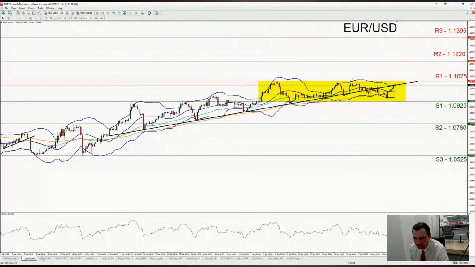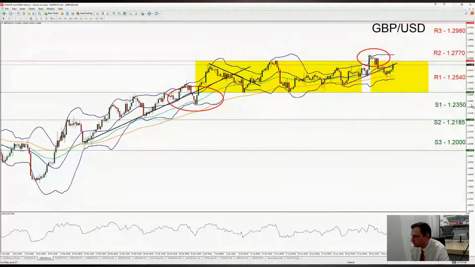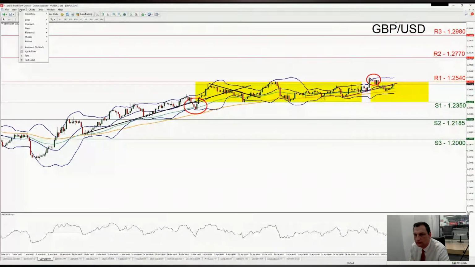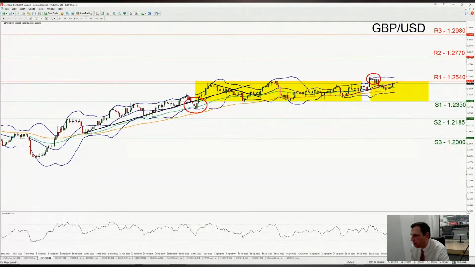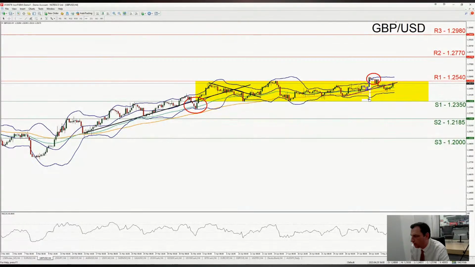Let's have a look at cable. I have to cover this gap here as well. There you go.